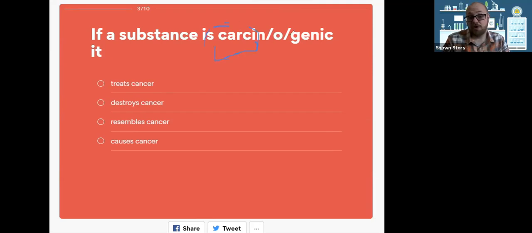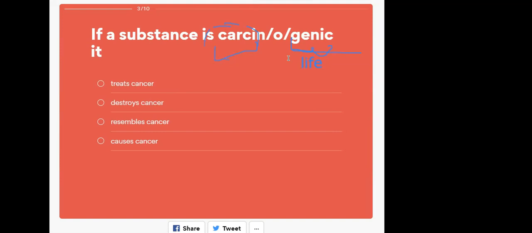Those were cancer. Do we know gene or genetic? Genesis, that means life. So we have cancer and we have life. Okay, what would be our best answer? Would it be causes cancer?